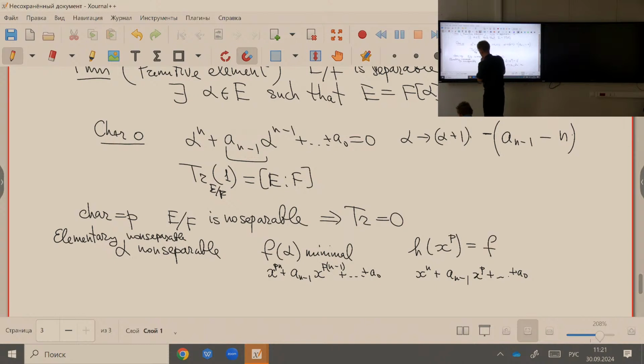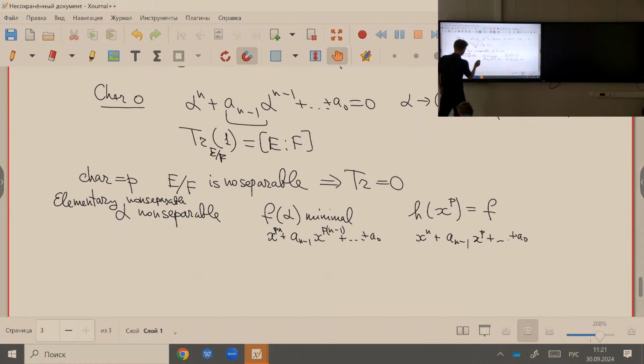And you can think of the extension here. You can take f, and you can take the pth power.